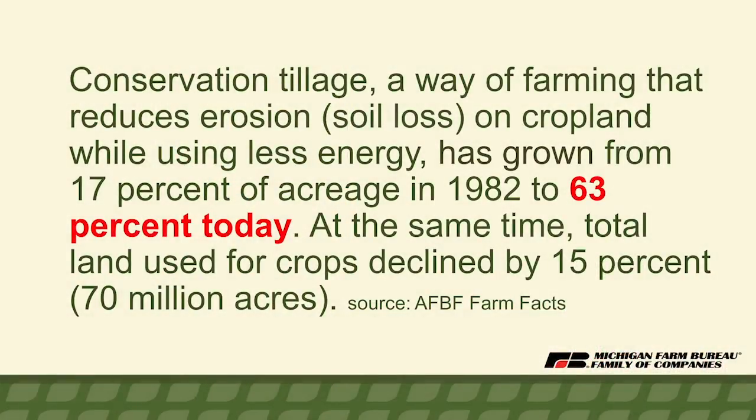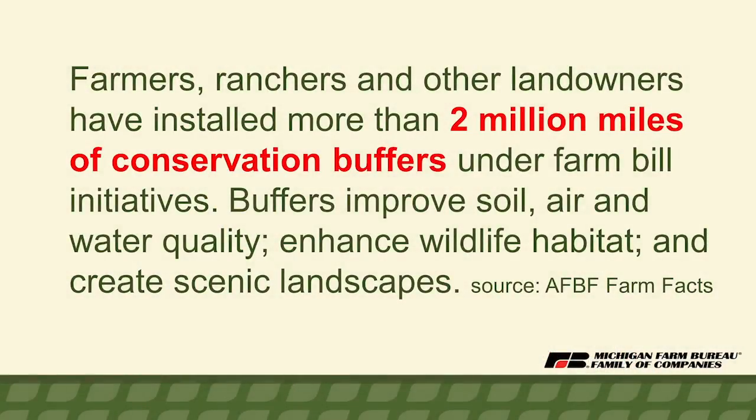Conservation tillage on cropland while using less energy has grown from 17% of acreage in 1982 to 63% today. At the same time, total land used for crops declined by 15%. Farmers, ranchers, and landowners have installed more than 2 million miles of conservation buffers under Farm Bill initiatives.